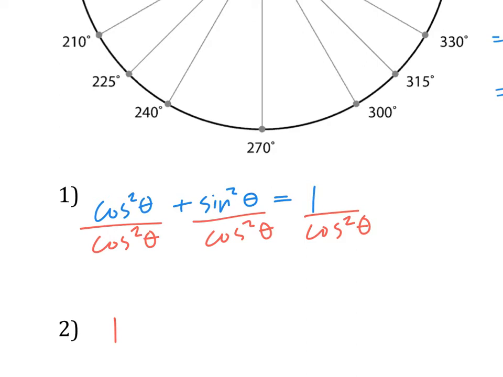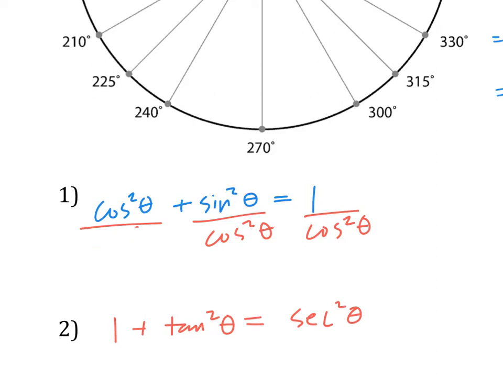Sine divided by cosine is tangent, and there's a square, so tangent squared. 1 over cosine squared is the same as 1 over cosine, squared. What is 1 over cosine? Secant, so this is secant squared. So this is the second one you have to memorize: 1 plus tangent squared is secant squared. If you can't get it, it's okay. Go back to the original one, cosine squared plus sine squared equals 1, and get to the second one.